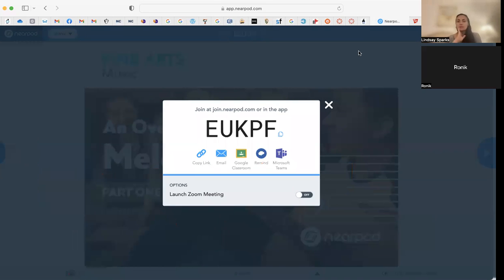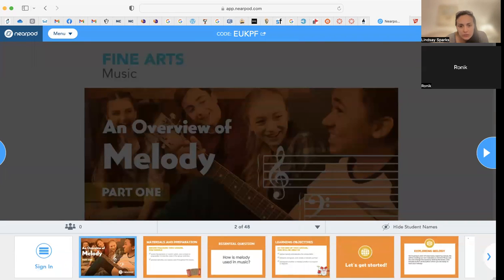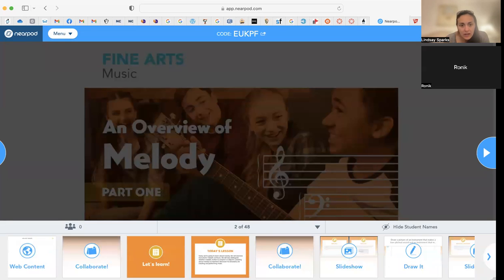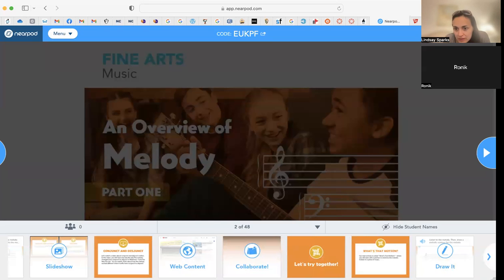So there was a Nearpod that was in the course. There. And it talked about melody. And one of the things that was really useful, let me see if I can find it in here, was about solfege. I don't know if you guys saw that or not.